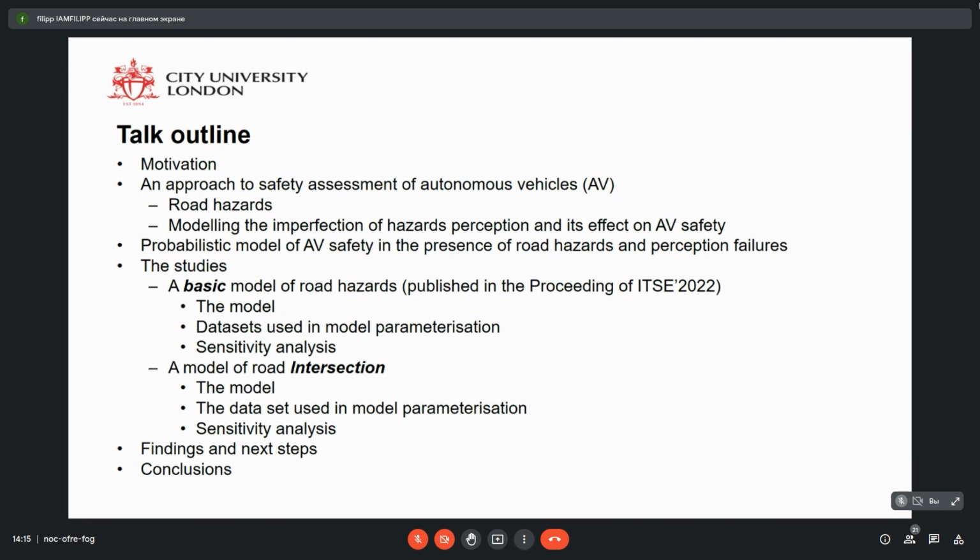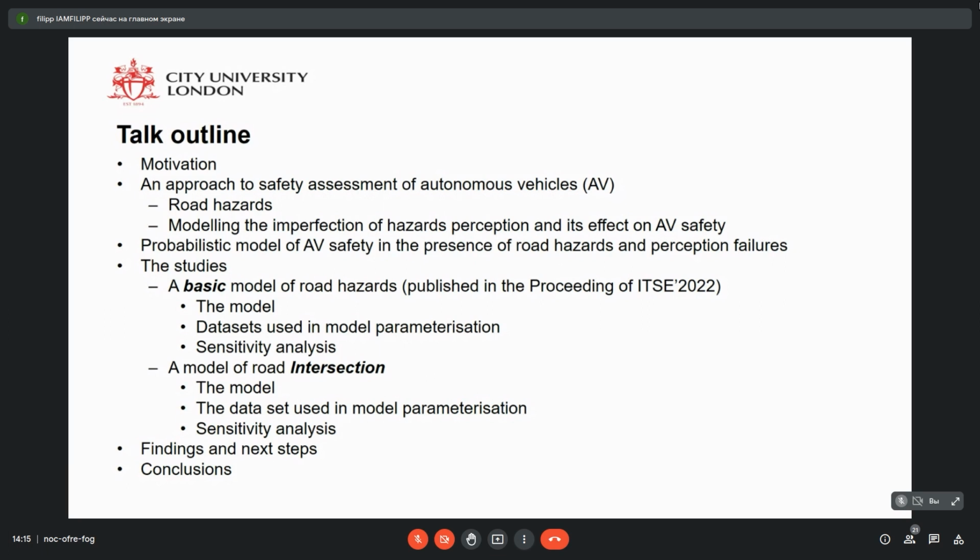And in our work, we took the view that rather than looking for data sets, which even if you find them, will be very, very limited to a specific set of circumstances, we said why don't we undertake so-called sensitivity analysis and say what are these different parameters which capture the quality of the perception system.